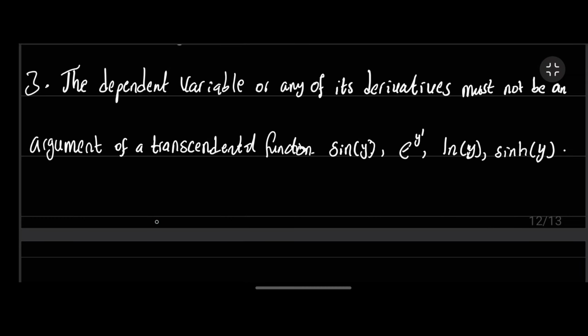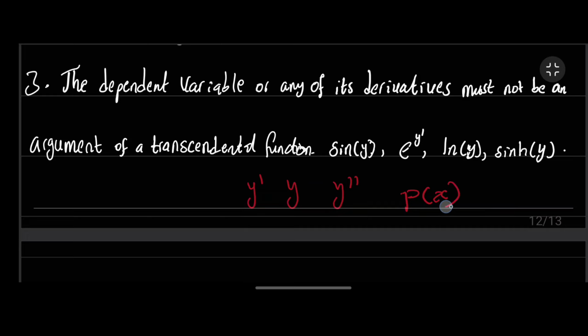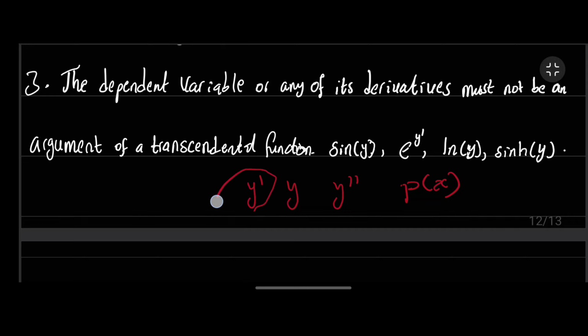Condition number 2 also has a subtle implication that the coefficients of all of the y primes, the y's, the y double primes, as in the derivatives of the dependent variable and the dependent variable itself, should be functions of x. Okay, none of them should include the dependent variable or its derivative.